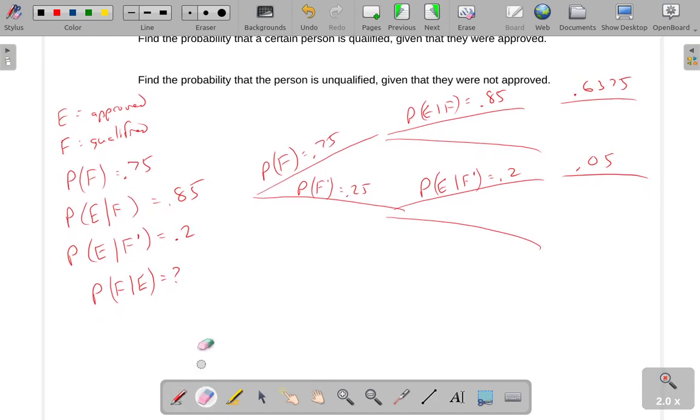We have a conditional probability. This is the probability of the intersection of the two events divided by the probability of the condition. The intersection of the two events is this number up here, 0.6375, divided by the probability of E, which we can get through the law of total probability, 0.6375 plus 0.05.